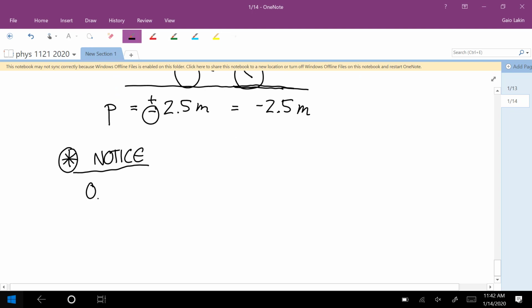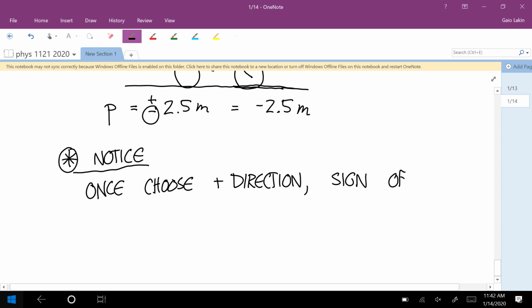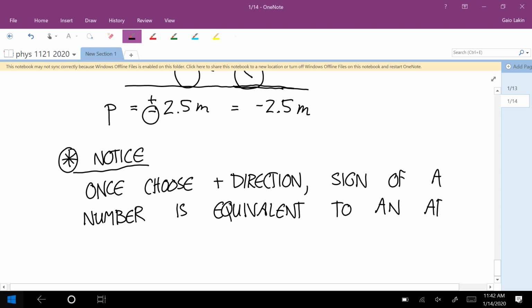So once you choose a positive direction, the sign of a number is equivalent to an arrow in space.